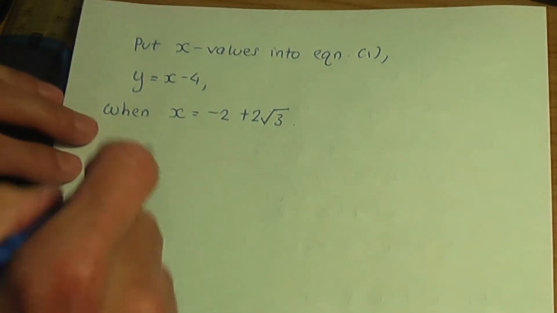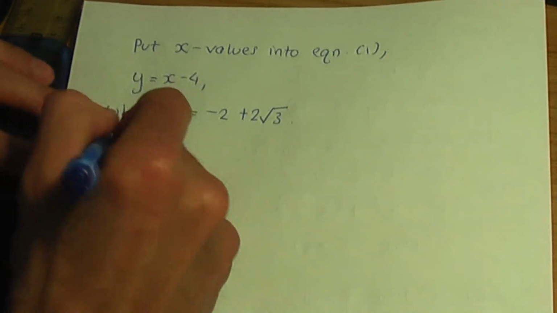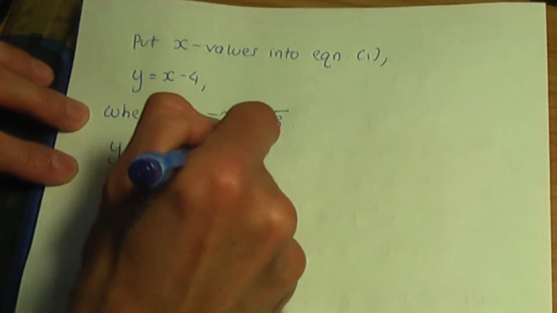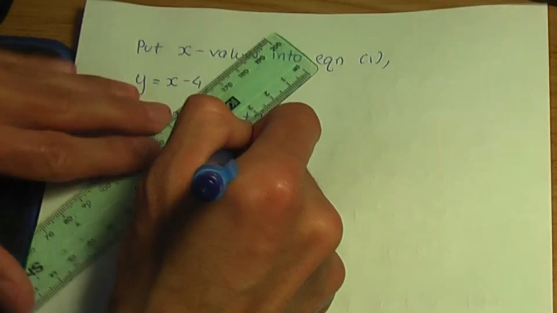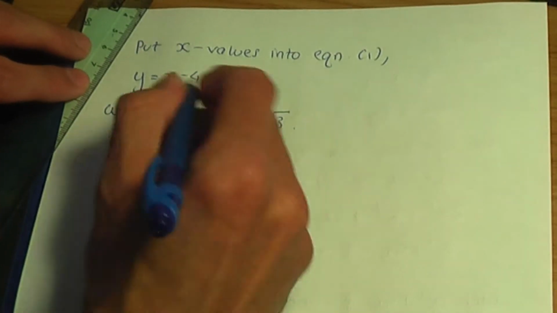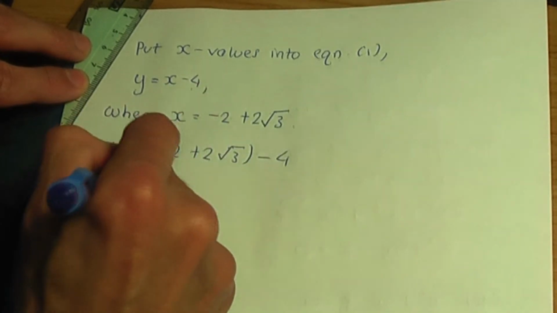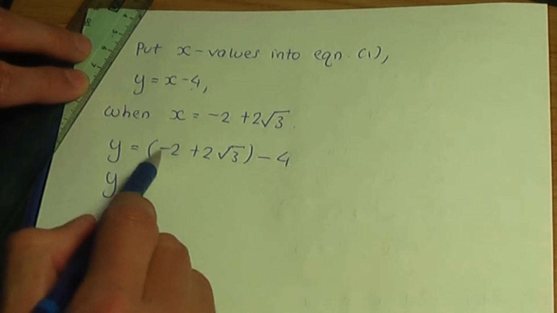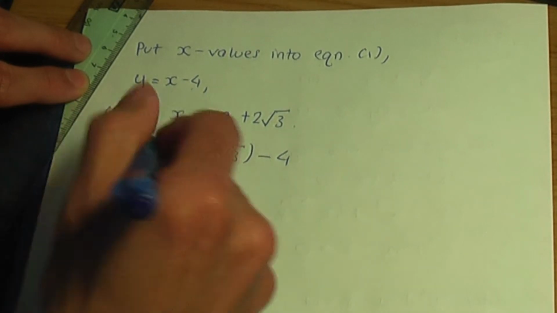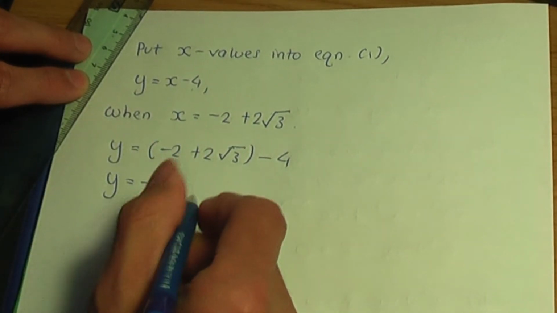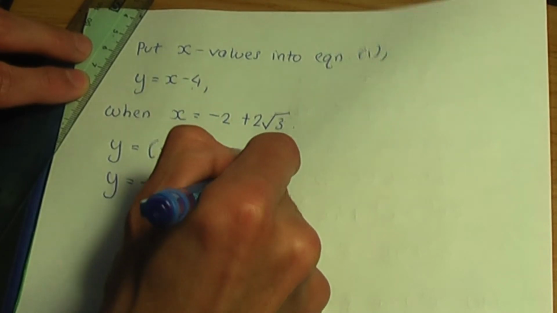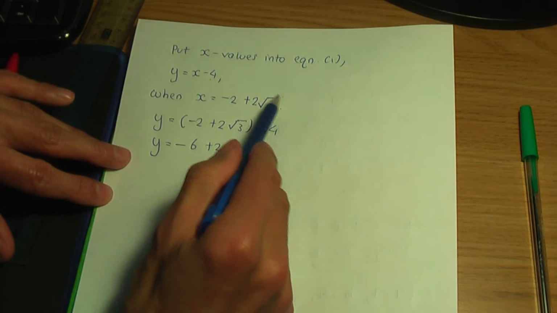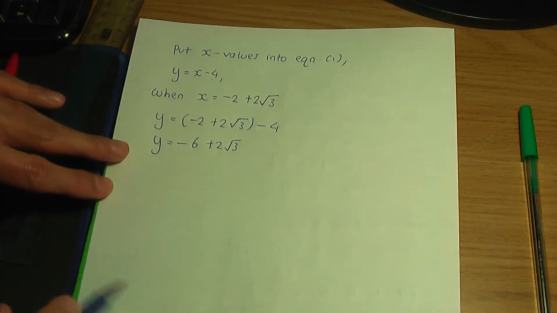So when I replace into the equation for y, y will then be x, which is minus 2 plus 2 root 3, minus the 4. And if we go one more stage to simplify, minus 2 minus 4 is minus 6 plus 2 root 3. So this is the y corresponding to this x solution.